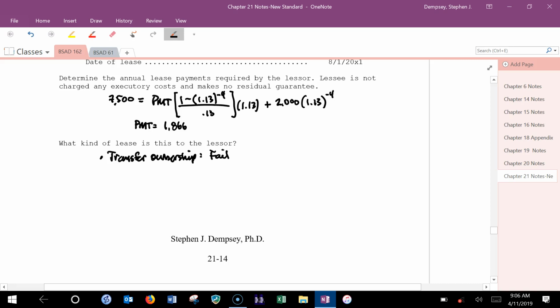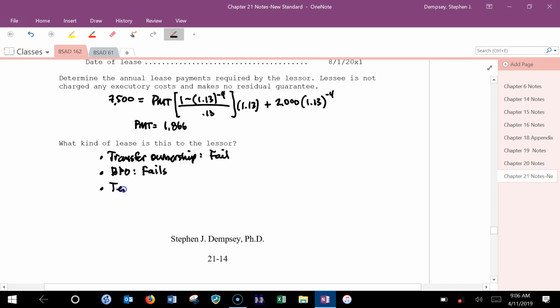It doesn't have that. Does it have a bargain purchase option? That's the second of the 5 criteria. Nothing about purchase options at all? Fails. You remember the third of the 5 criteria? 75% test, right? Good.